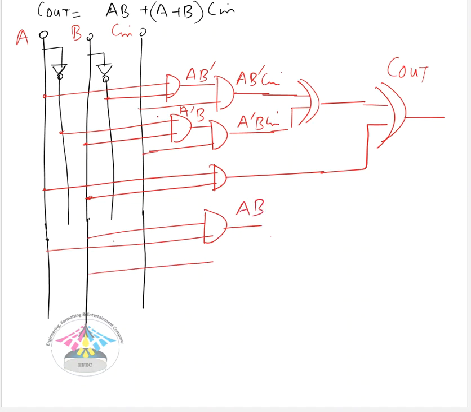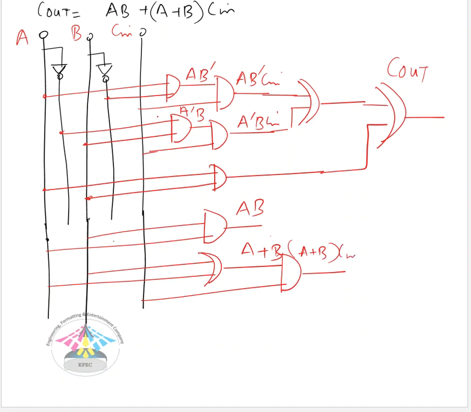Then we need A or B, which has to be ANDed with the Cin. So this is (A + B)Cin. And all of them would pass through the OR gate, and we would get the second form that's Cout.